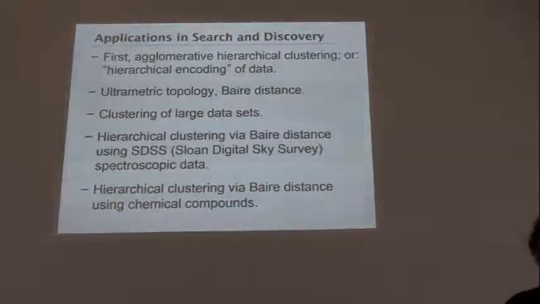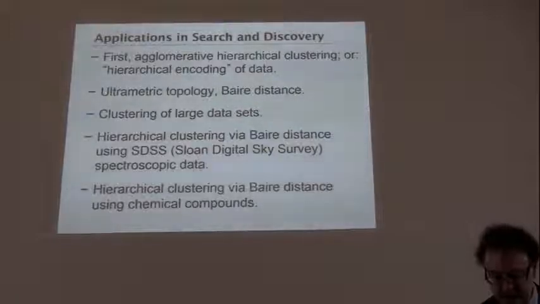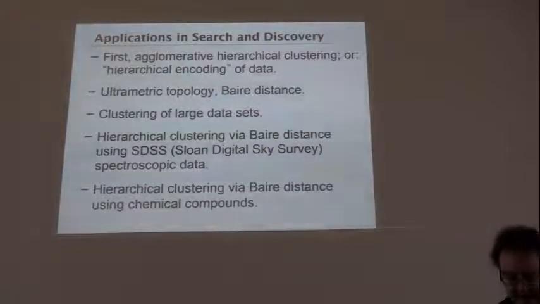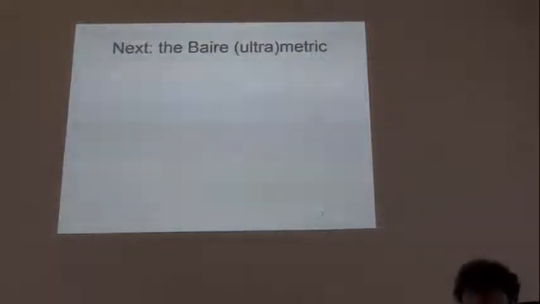In the case of ultrametric data, we have the so-called strong triangular inequality, and that gives rise to the distance on a tree, which is the ultrametric topology. I'm going to start now with the Sloan Digital Sky Survey data, and then look at chemical data in this context.